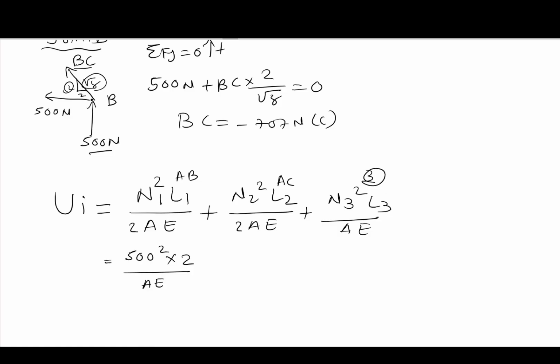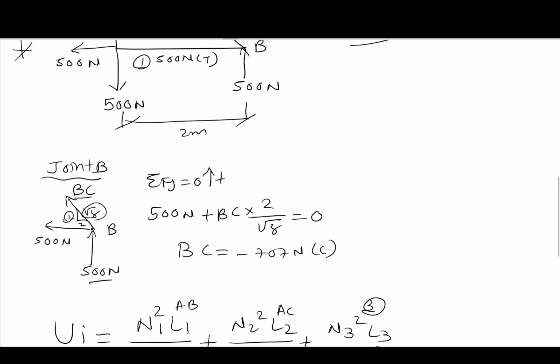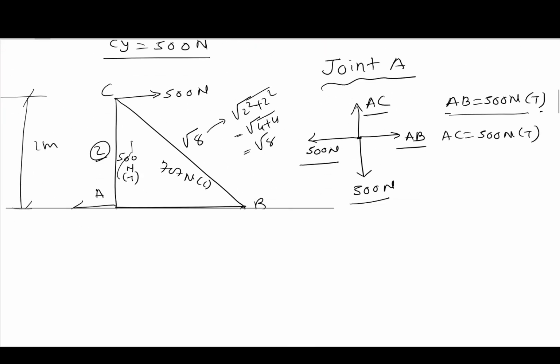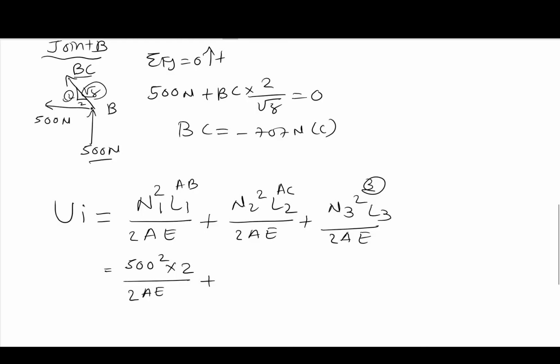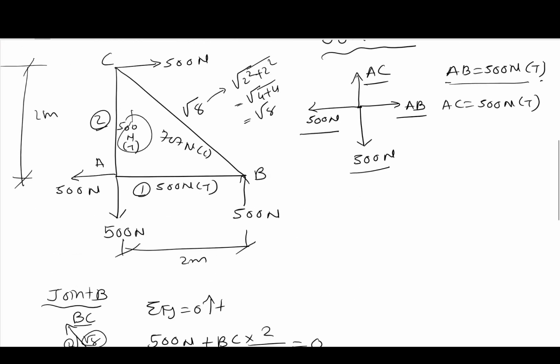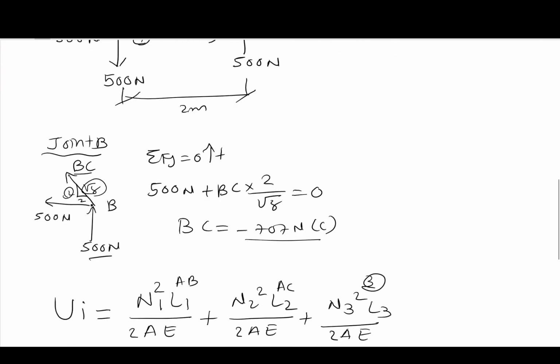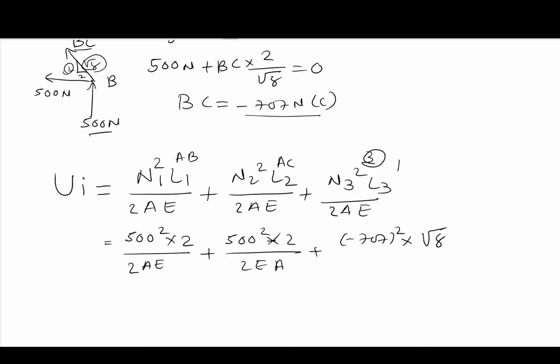Then we have member 2, AC, which has a load of 500 Newton, so 500 squared times 2 over AE, plus N3, which is BC, minus 707 squared times the length of member BC, square root 8, over AE.